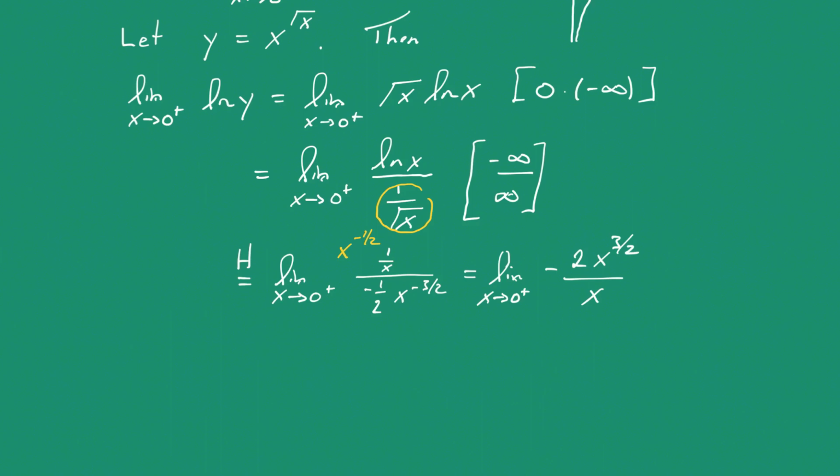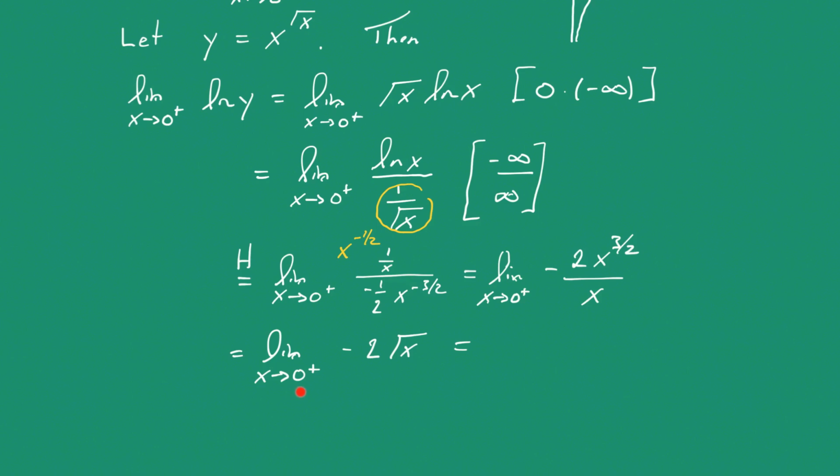And what do we have? This now is equal, simplifying by canceling some x's, the limit as x tends to 0 from the right of minus 2x to the 1/2, which we could write as root x. This limit is no longer indeterminate.